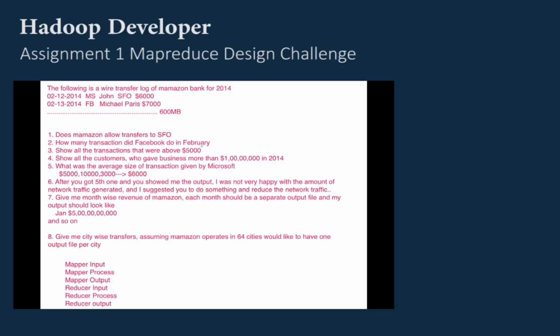Now with this 600 MB file, each record has 5 entries: the date, the customer, the person who's receiving the money, the city in which the receiver has an account, and the amount. We don't know how much data is there. All we know is the structure of the data.